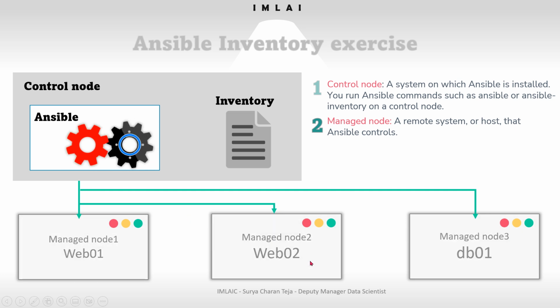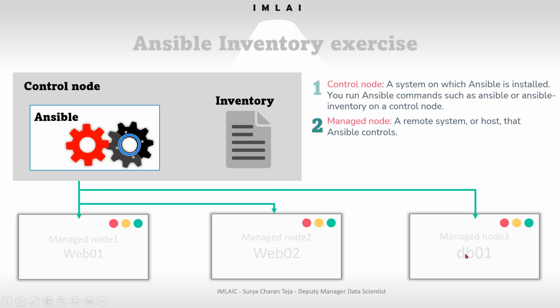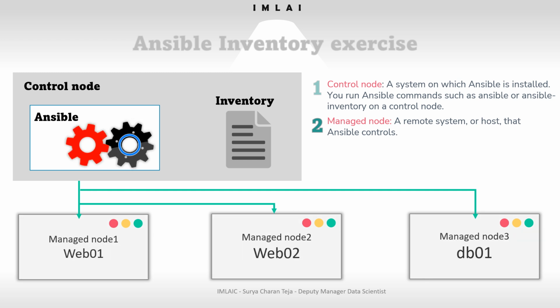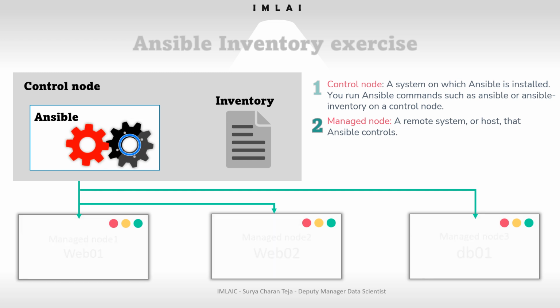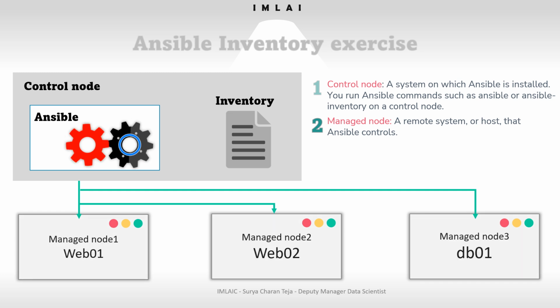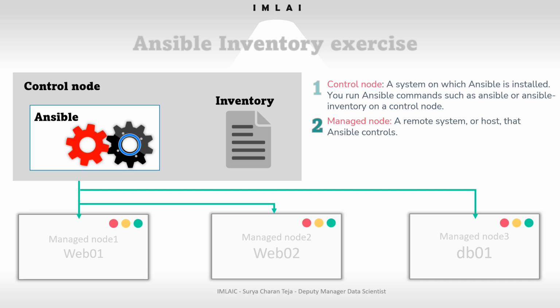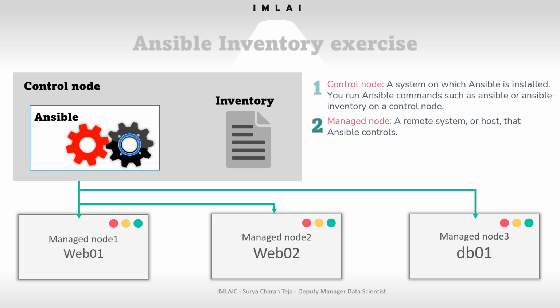On the two web machines I'm going to host web applications, and on the other machine I'm going to host a database service. So these are our targets, our host machines, our managed nodes. These are remote systems or hosts which are controlled by the control machine where Ansible is installed. You got my point?